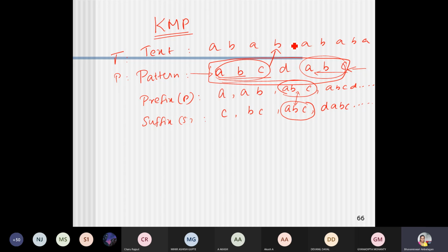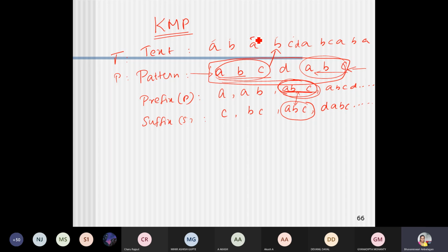For example, I will have ABC, ABC. This is the text that I'm going to look for, and this is the pattern. Let me add D over here. What the KMP algorithm will do is not start from 1, 2, 3, 4 like that. It will look for the text which has the consecutive characters ABC.